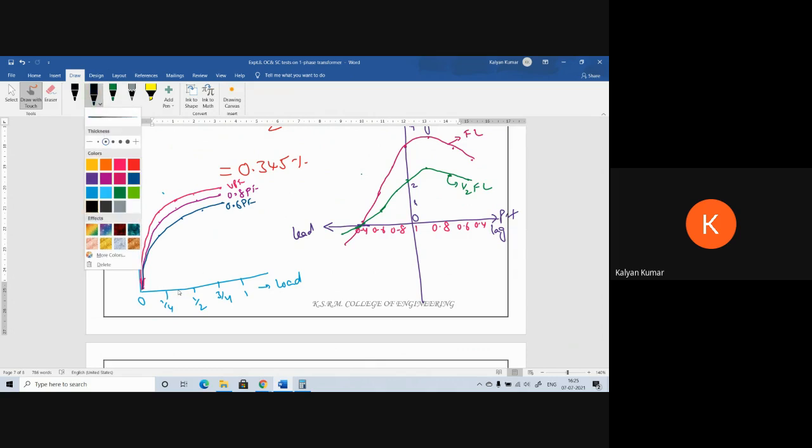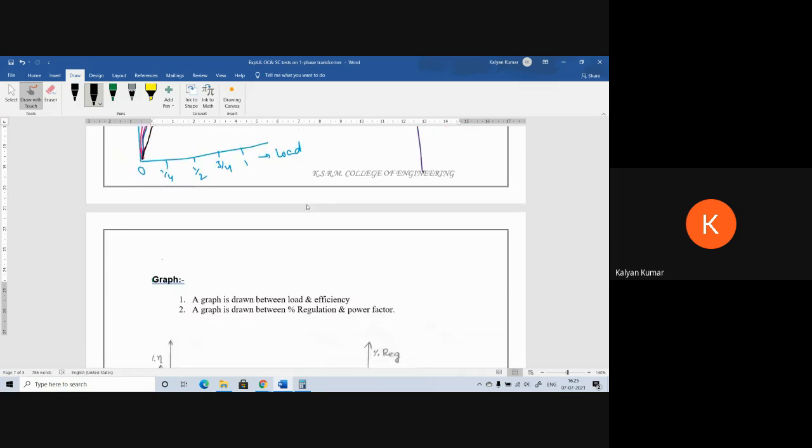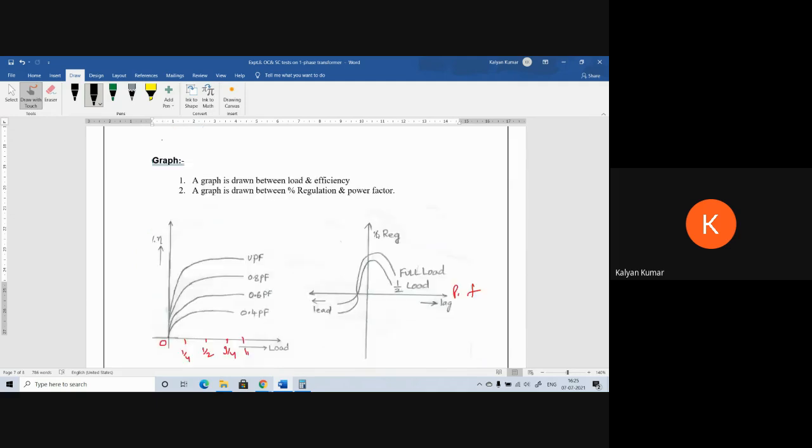Next, corresponding to 0.4 power factor, we'll get the graph like this. So, in this way, we have to draw the efficiency curve and regulation curves. So, with that, the calculation part will be completed.